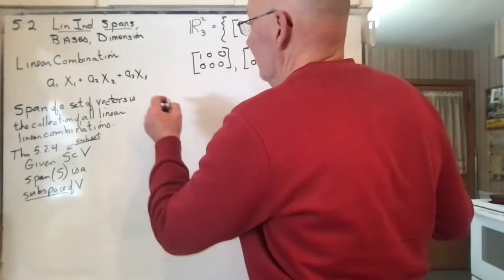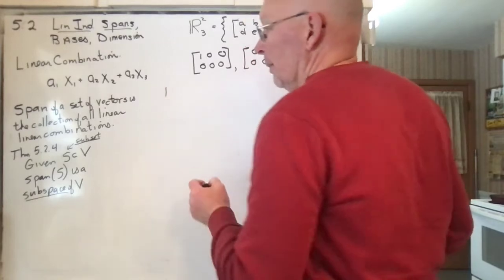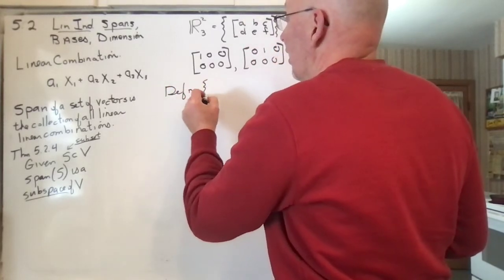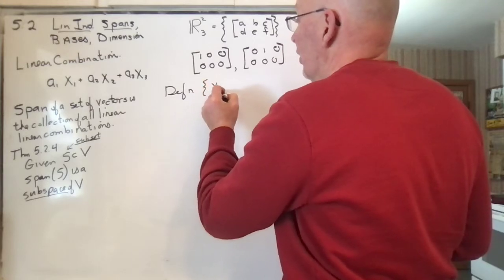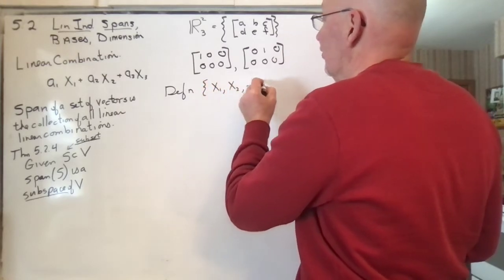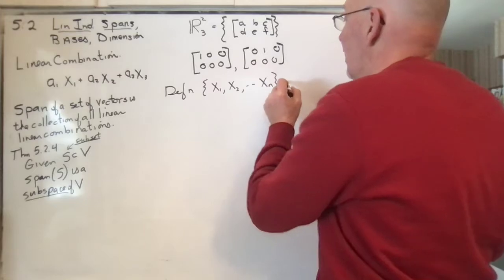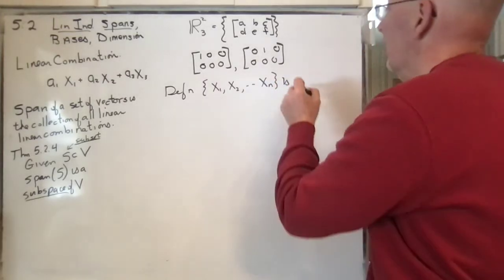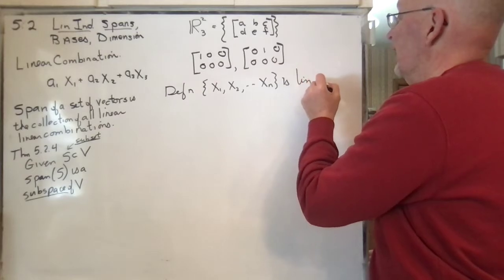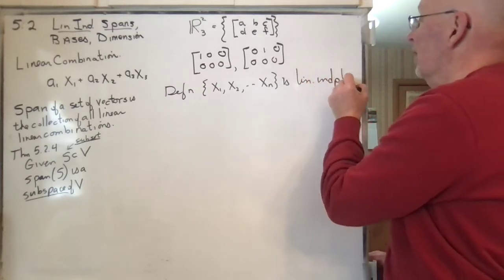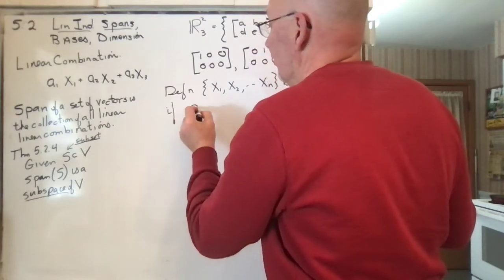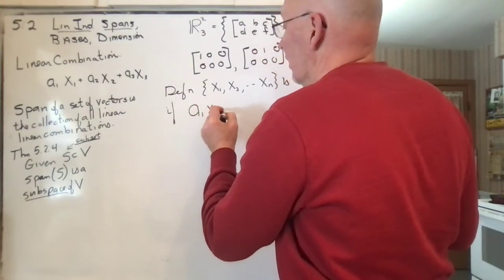Here's a definition. The set of vectors x1, x2, let's go out to xn, is linearly independent if, here's the precise way to say it.